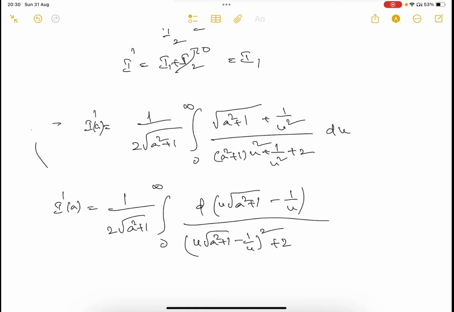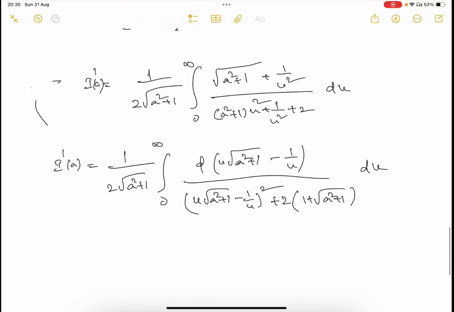Then you need to add that term, right? 2 into 1 plus root of a square plus 1. Then this again is in the form of dx by x square plus a square, right? Here a is now root of 2 into 1 plus root of a square plus 1.